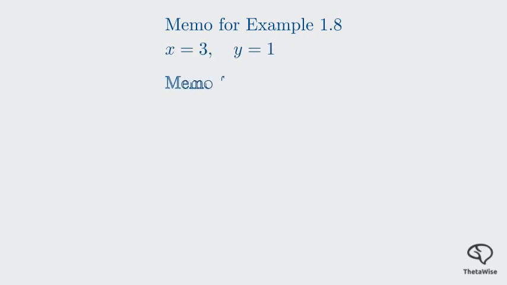Let's quickly compare our answers with the memo. For example 1.8, the memo shows x equals 3 and y equals 1. Our calculations led to the same result, so the memo is correct here. Now let's look at the memo for example 1.9. The memo has a slight typo. It asks you to solve for y and x, but calculates x first and then y.